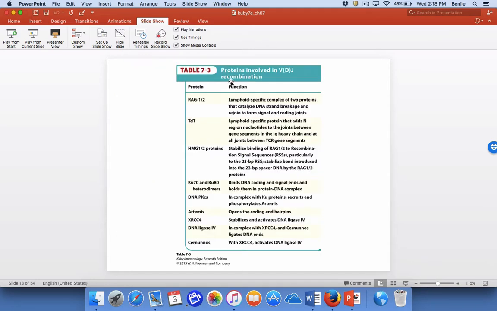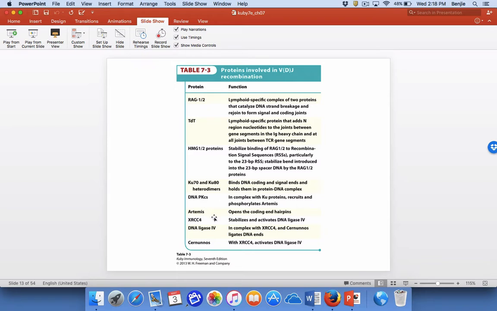Table 7-3 just shows a list of proteins that we're going to talk about individually in much more detail. There's RAG1 and 2, TdT. I don't know much about HMG 1 and 2 proteins, but I'll read up on it before I get to that slide. Ku70 and 80.